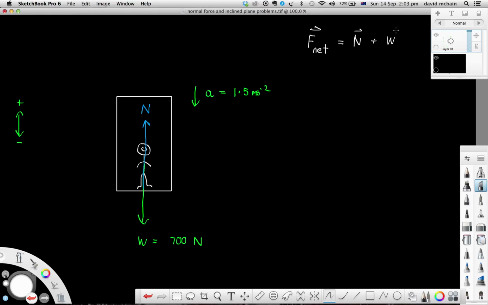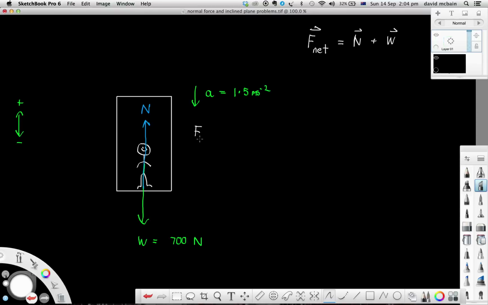And they are vectors, of course. Okay, now we know the weight force is going to be negative 700. We're trying to find the normal force, but we also need to find the net force. So to find the net force first, we can use Newton's second law, of course.